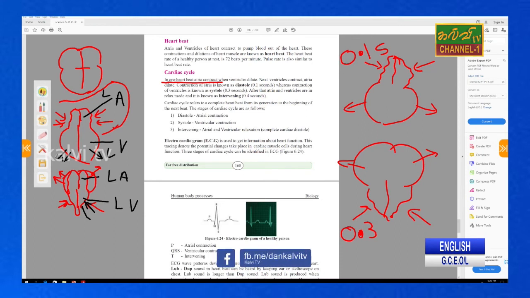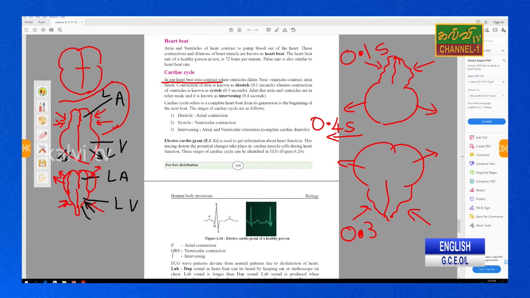After that, atria and ventricles are in relaxed mode. They are going to relax for 0.4 second. Right? Between that.